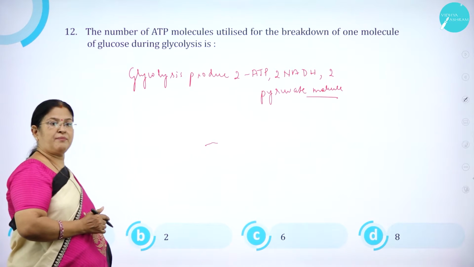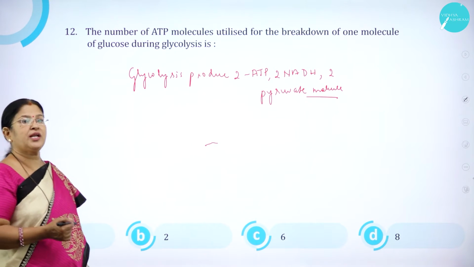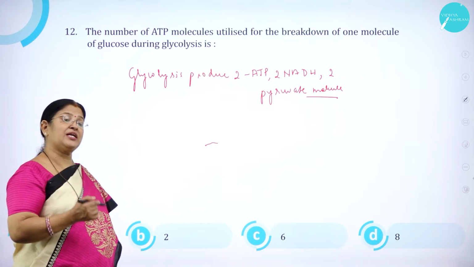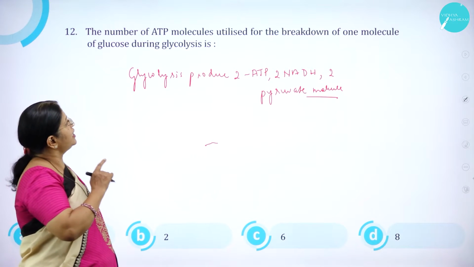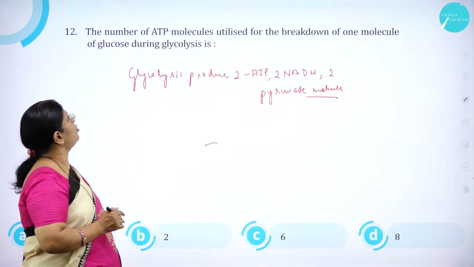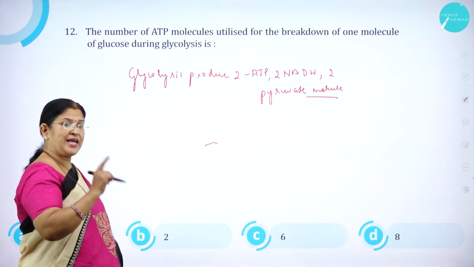Moving on to question number 12. The number of ATP molecules utilized for the breakdown of 1 molecule of glucose during glycolysis.